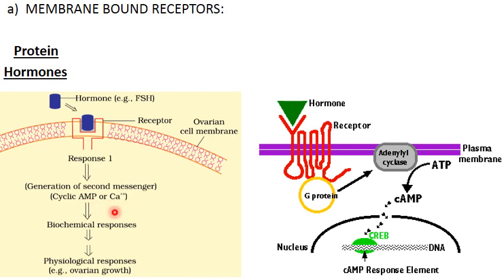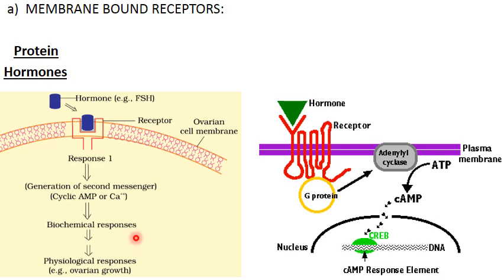And these second messengers, either they will bind to the DNA and start transcription of those particular genes, or by other indirect methods they are going to produce the biochemical responses in a cell.